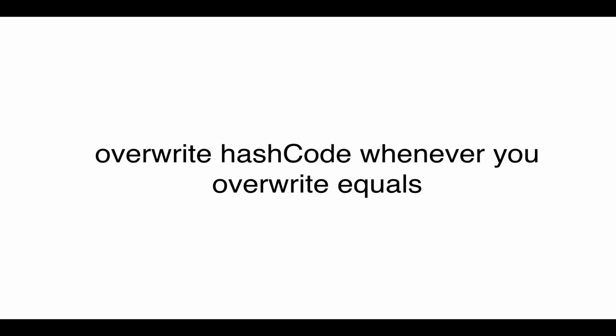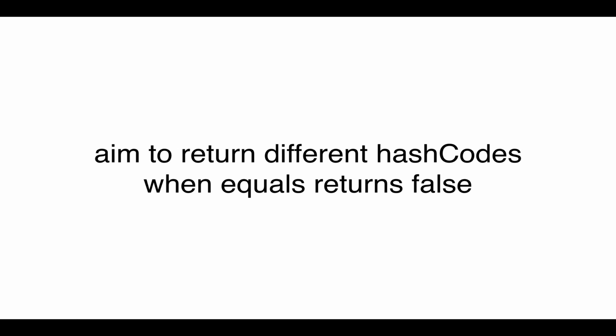Also, when you add or remove attributes from your class, you will most probably also have to adjust your equals and hashcode methods. Last but not least, aim to return different hashcodes when equals returns false. This is not a hard and fast rule, but it will improve the performance of your program by minimizing the number of hash collisions.